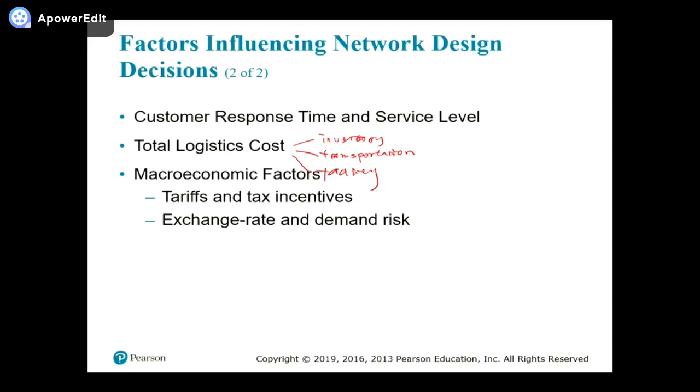And one way of exploring that possibility is by building overcapacity in the supply network. This overcapacity allows the company to be more flexible in reacting to different exchange rates. And then, of course, fluctuation of demand in different markets should be taken into account as well.